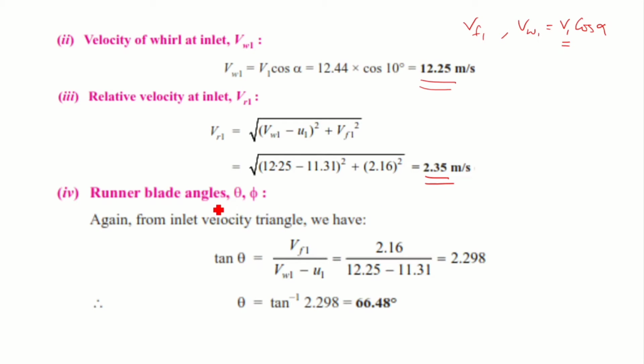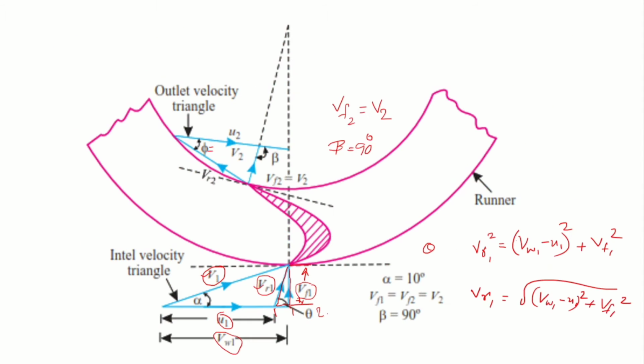Next, we need to find the runner blade angles, that is theta and phi. Theta can be obtained from the equation tan theta, considering the same velocity triangle. So this is the triangle. From this, tan theta is equal to Vf1 divided by Vw1 minus U1.